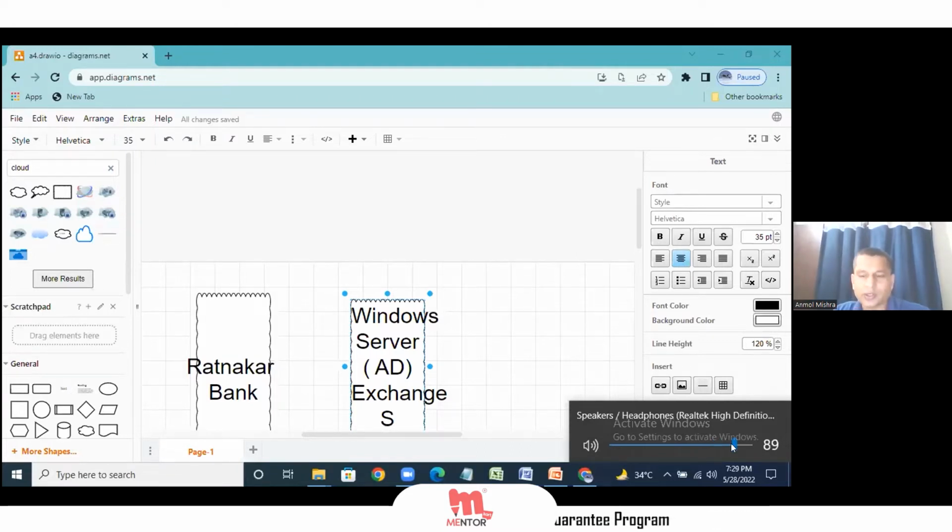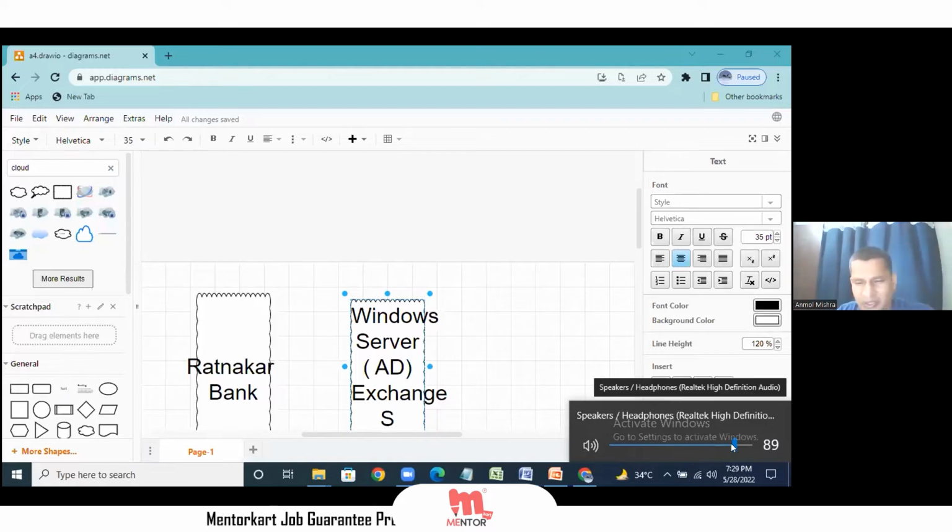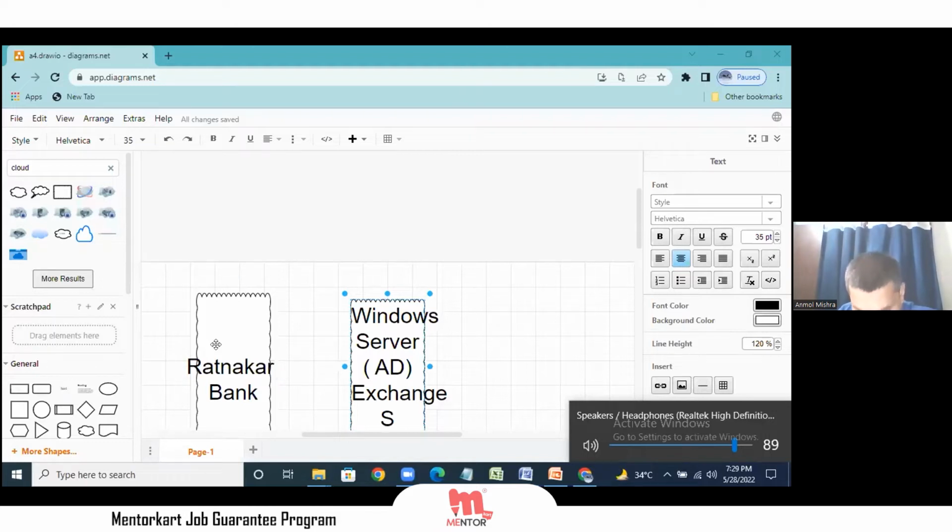Okay. So the question is here in the picture. Again, I'm asking the question to all of you, and just try to give me the answer. If you give 10%, 50%, 100% answer, correct, no issues, but please try to give the answer. For example, I am the owner of Ratnakar Bank and you are the IT manager of Ratnakar Bank.